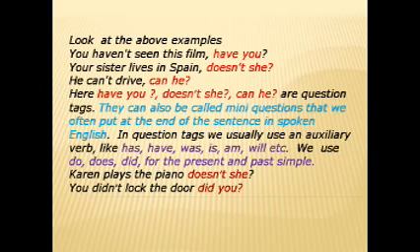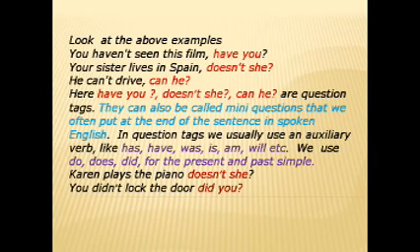It is a common practice in conversation to make a statement and ask for a confirmation. Look at the above examples once again.